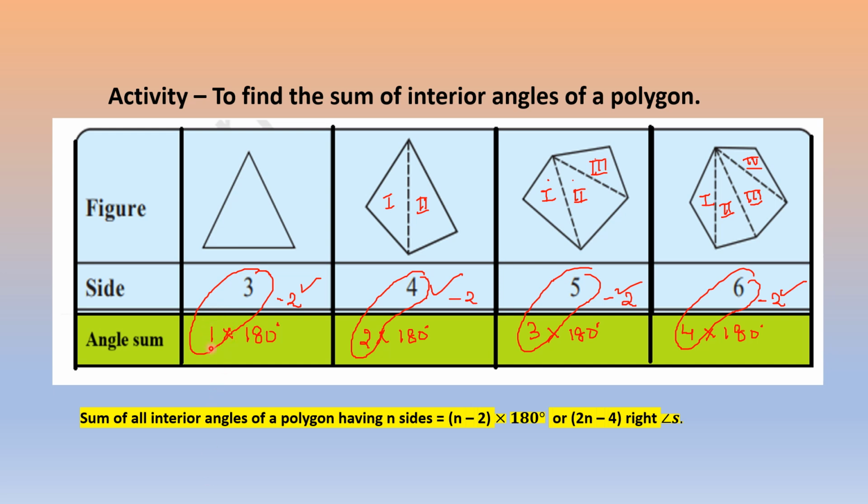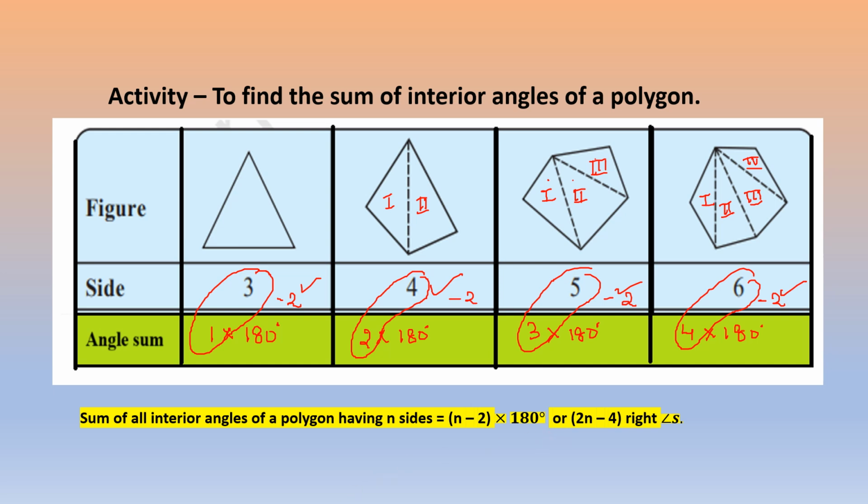Here, this 1, 2, 3 and 4 is nothing but the number of sides minus 2, isn't it? 3 minus 2 gives 1, 4 minus 2 gives 2, 5 minus 2 gives 3, 6 minus 2 gives 4. So from there, we can write that the sum of all the interior angles of a polygon having n sides can be written as (n minus 2) multiplied by 180 degrees.